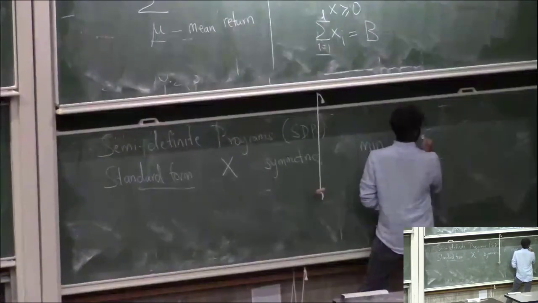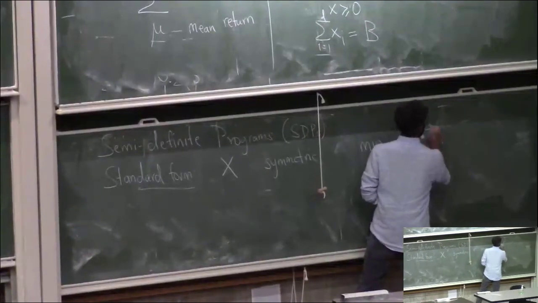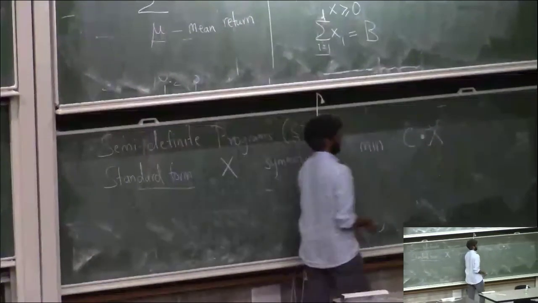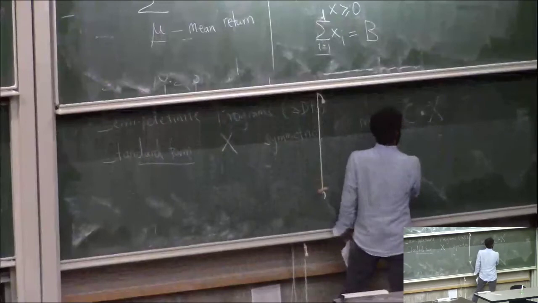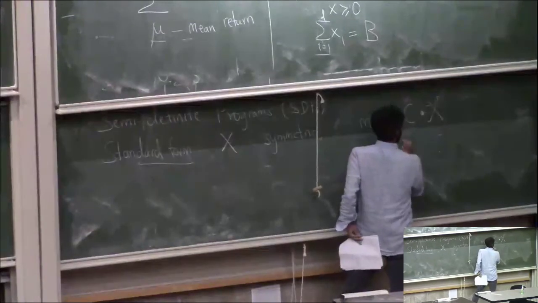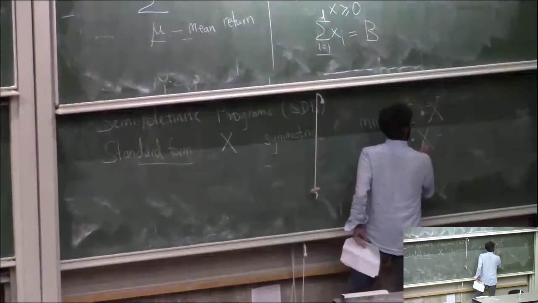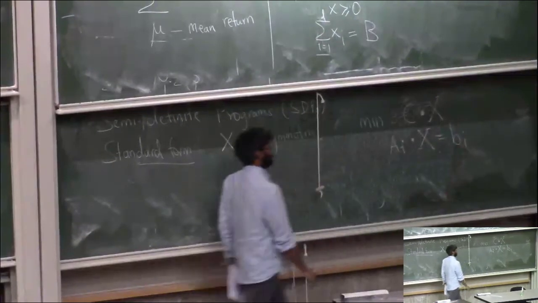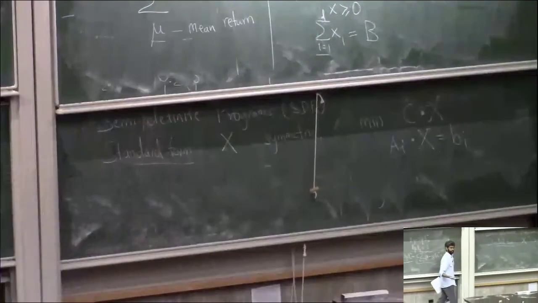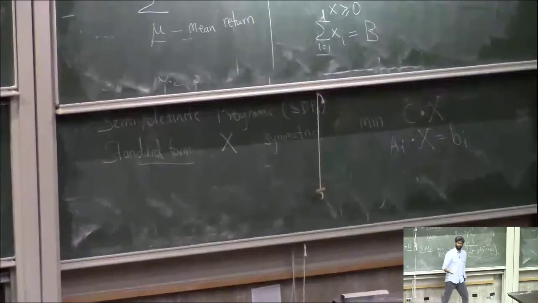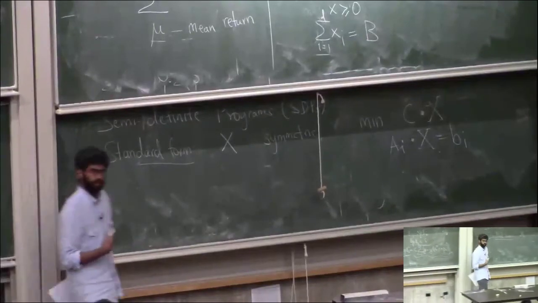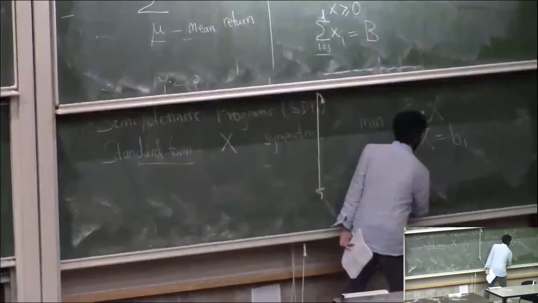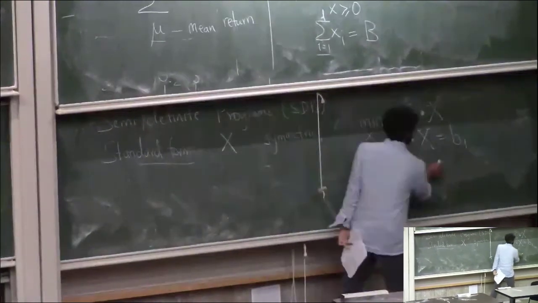I have to define some notion of a dot product with this matrix X. You should think of this as C transpose X, subject to a bunch of equality constraints. Instead of just assuming that X is entry-wise positive, if you assumed X is entry-wise positive, then you'd get back an LP. What you assume here is that X, the matrix variable that you're optimizing over, is PSD.